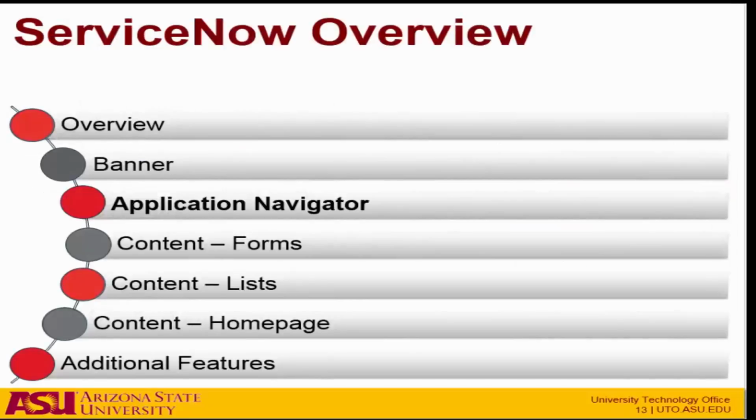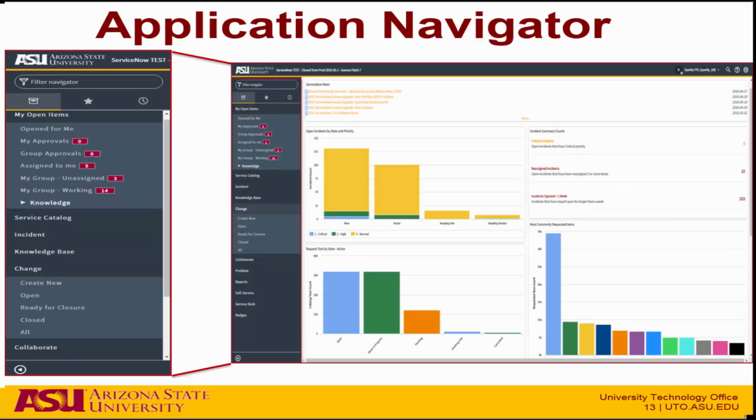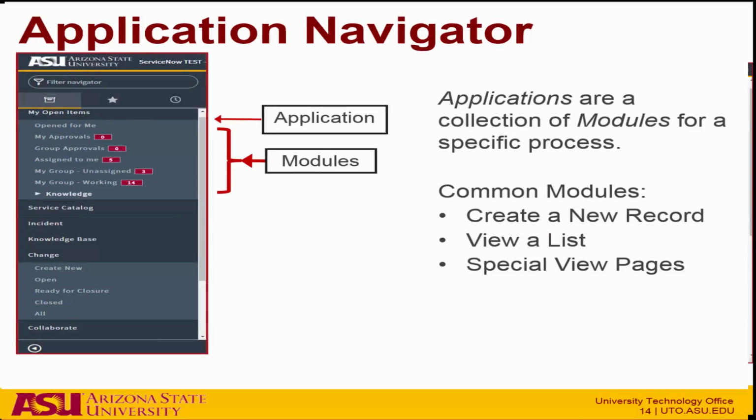The application navigator is how you launch different items within ServiceNow. It's separated into applications, which are groups of modules, and modules are links. Typically, they're forms that you can use to edit records, or they're different filtered lists of the different items that are there. At the top of the navigator is a text field.